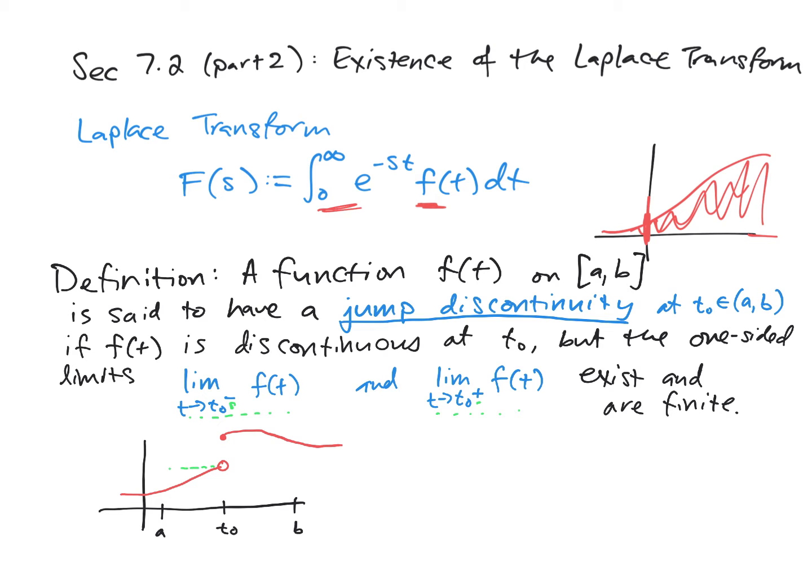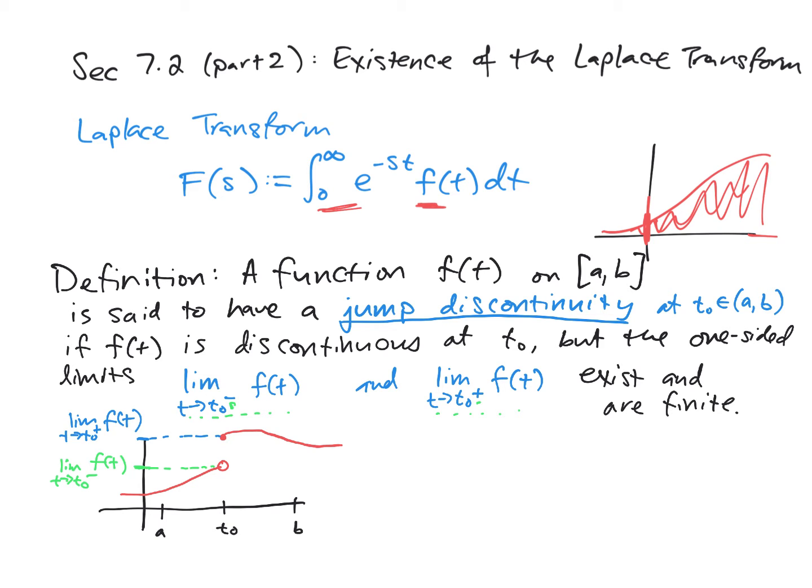This one here would be the limit as we approach from the left. And the one up here would be the limit from the right. There's a lot of T-shaped things here, huh?